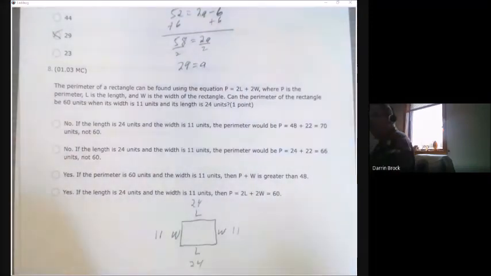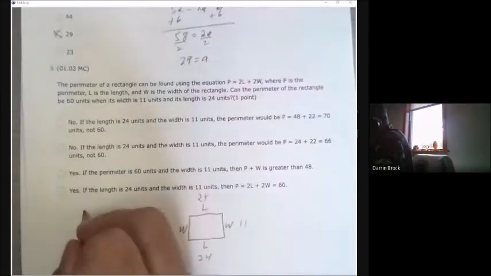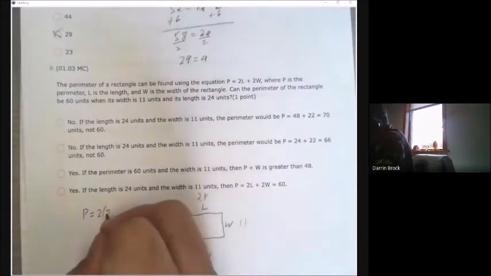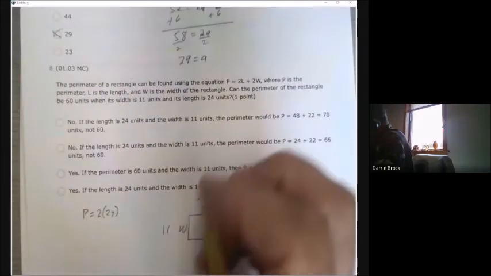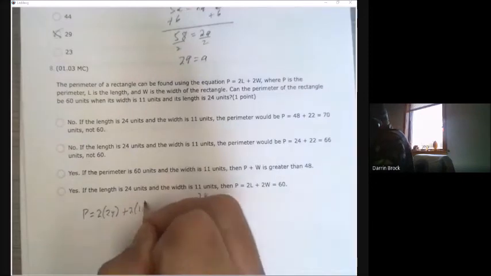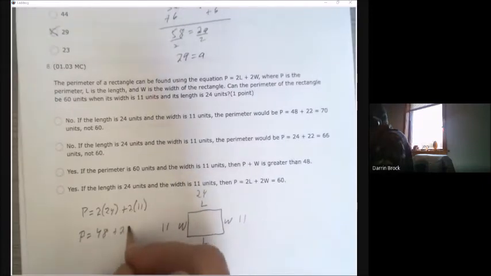Okay, well, looking at it, we could add it up, but let's use their formula. So P equals 2 times the length, which they said was 24, plus 2 times the width, which they said was 11. So P would equal 2 times 24 is 48. 2 times 11 is 22.